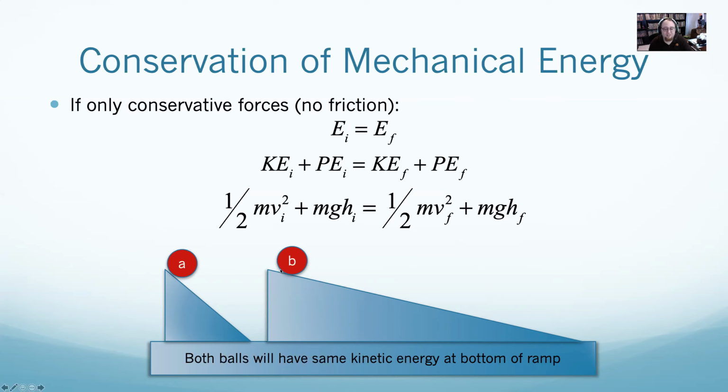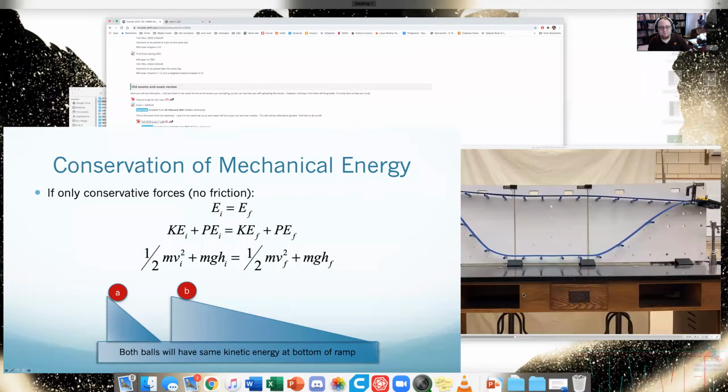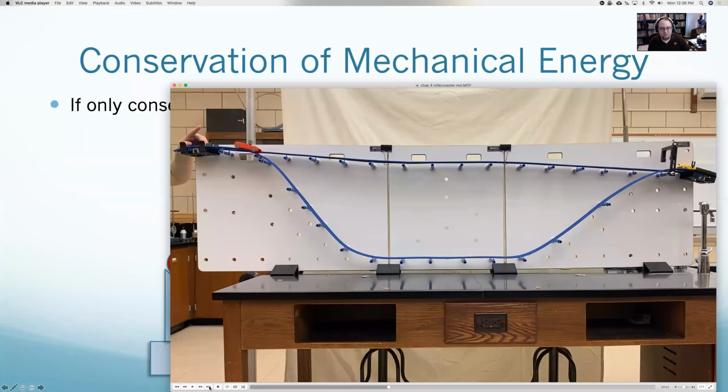Now here's the interesting thing. Both of these balls start at the same height. That means both have the same potential energy. When they slide down the ramp, at the bottom they both have the same height again. That means both balls have the exact same velocity at the bottom. Likewise, with these cars, if I set both cars going, both started at the exact same height and ended at the exact same height.